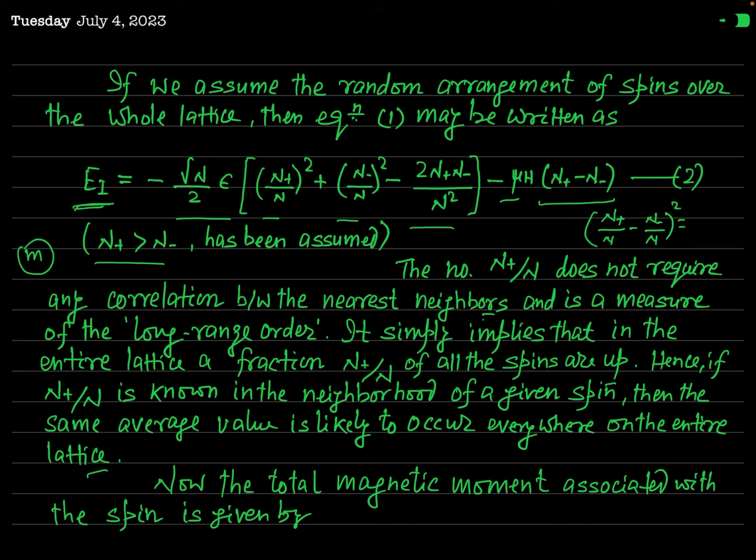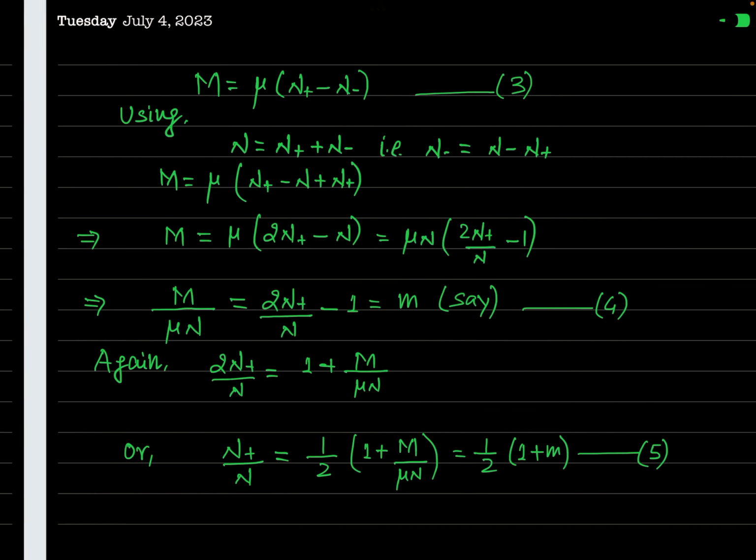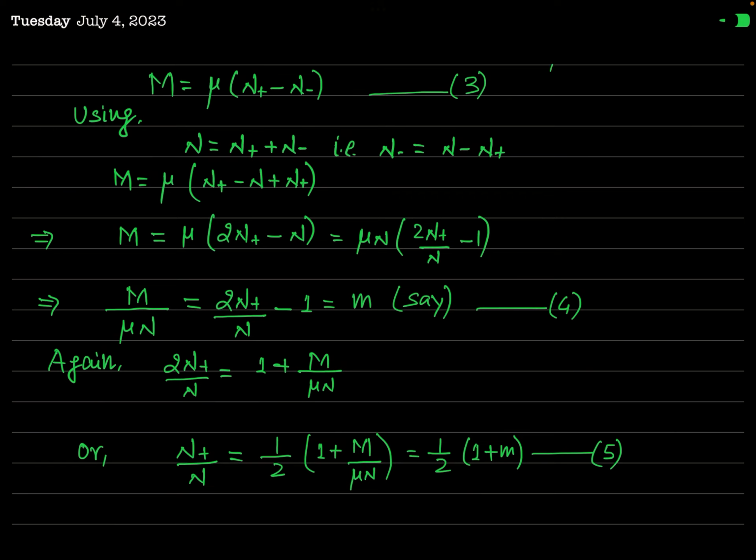So the total magnetic moment will be the algebraic sum of the magnetic moments of the different lattice sites. For up spin, the total magnetic moment will be mu times n plus, because mu represents the magnetic moment per lattice point.